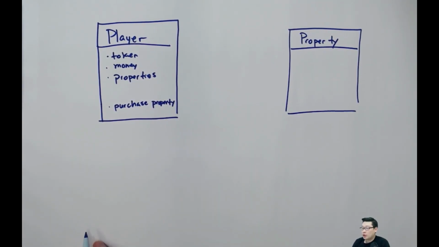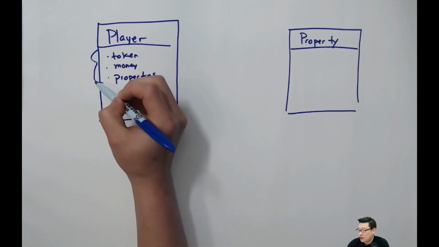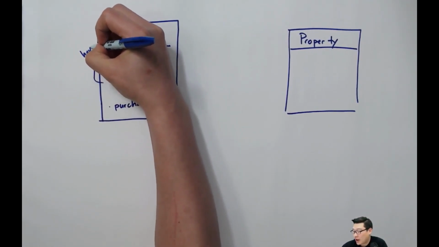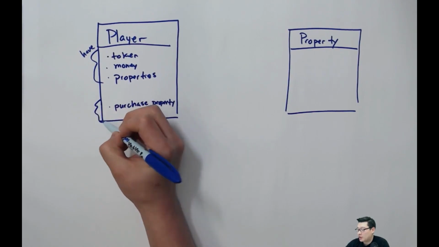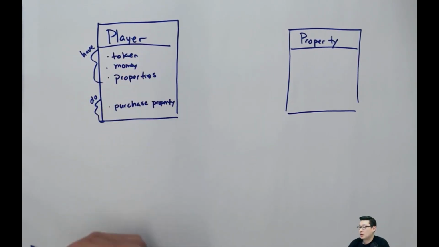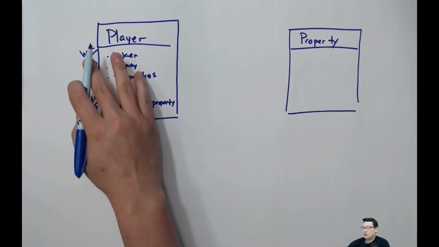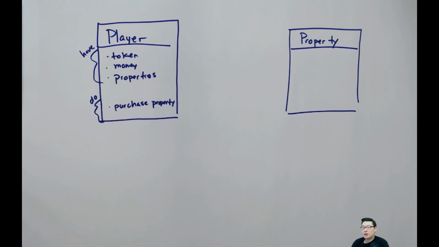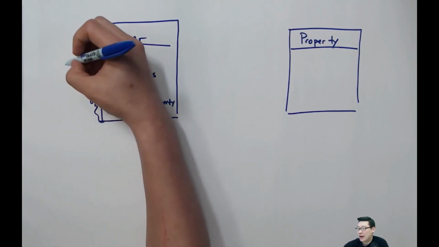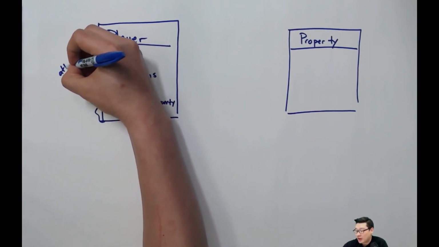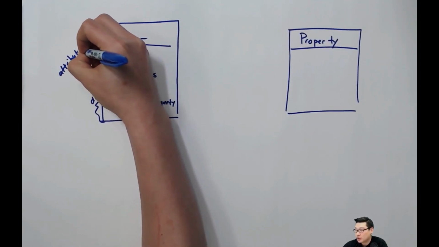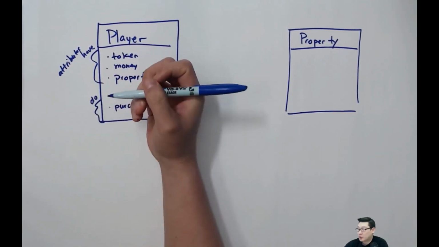Sorry if my handwriting got a little small there. Okay, so the top half here is what players could have, and the bottom half here is what players could do. So these names are not good names for programming, it doesn't really make too much sense. So they have official names. These are called attributes, what players have. And what can players do?